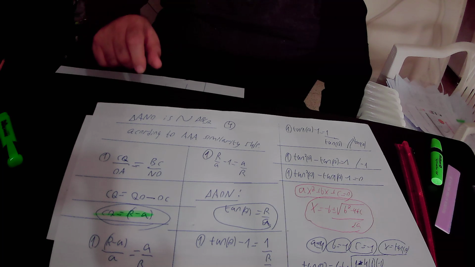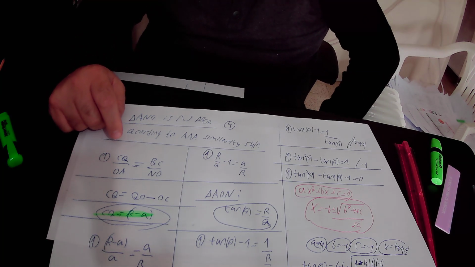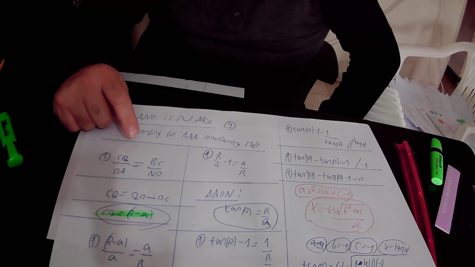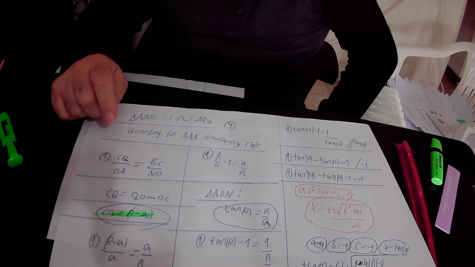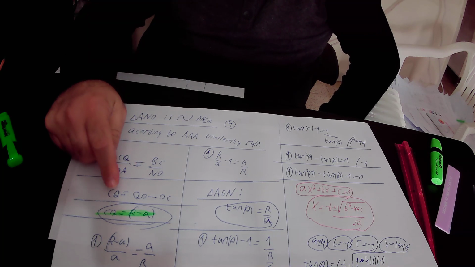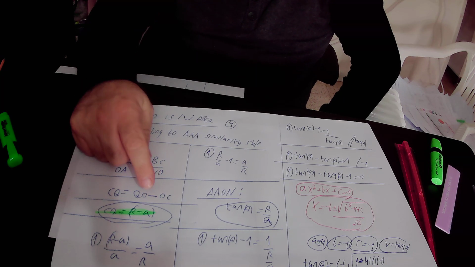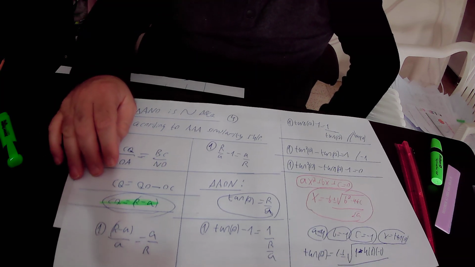And from the fact that those two triangles are similar to each other, we conclude that CQ over OA equals BC over NO. CQ equals QC minus OC. That is to say, CQ equals R minus A, and OC equals A according to our definition.